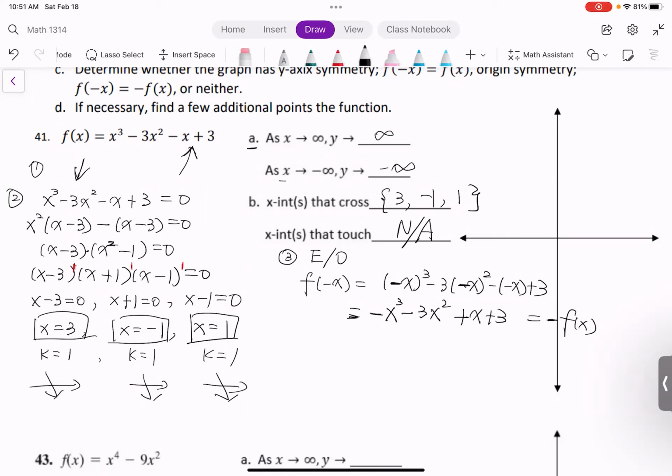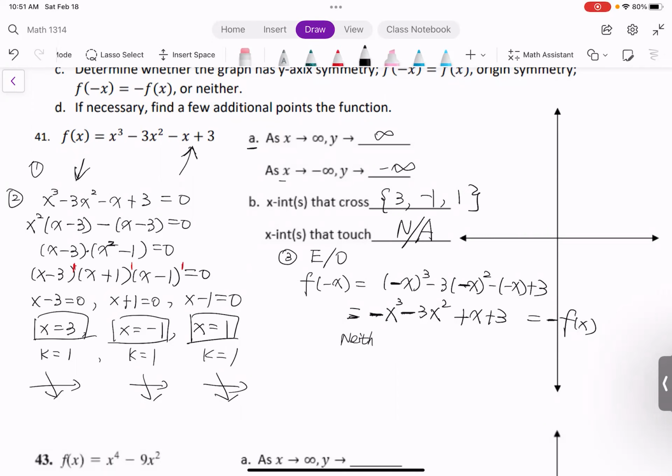No, because here I have a negative, but the second term is negative and this one is also negative, so they are not all opposite. That means it is neither even nor odd, not symmetrical along the y-axis or the origin. So neither. Okay, we can plot the information.